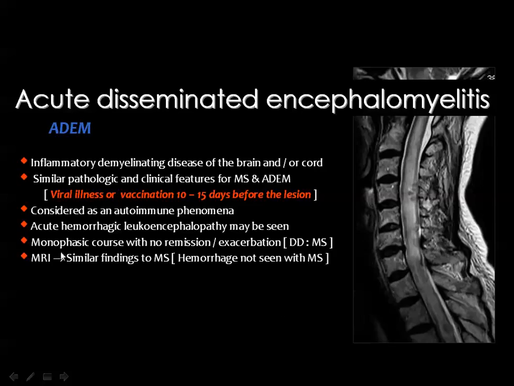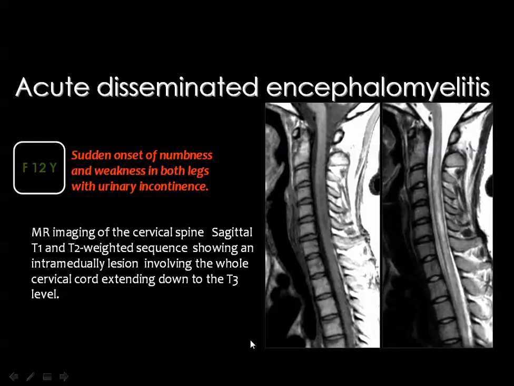But the MRI findings are almost similar to the appearance of the MS. However, the acute disseminated encephalomyelitis sometimes may show hemorrhagic foci, and of course hemorrhage is not usually seen in cases of MS.